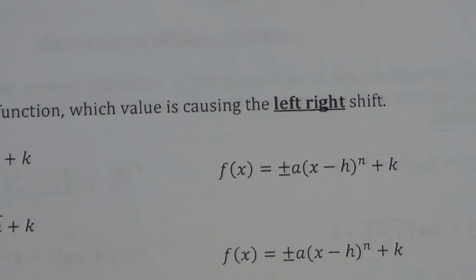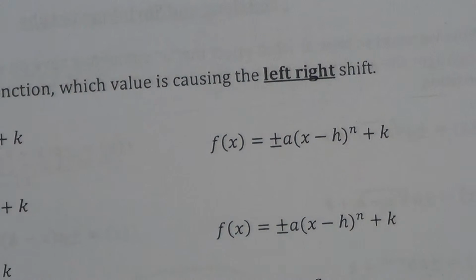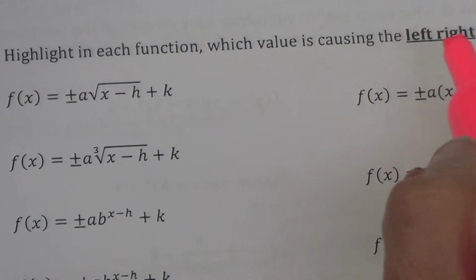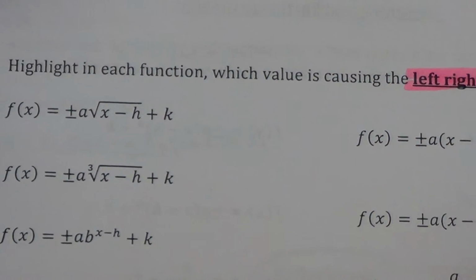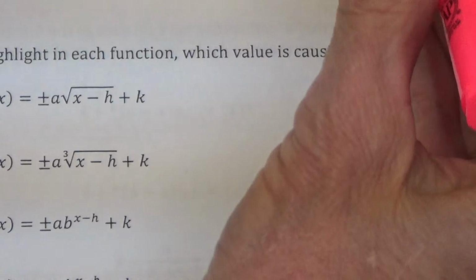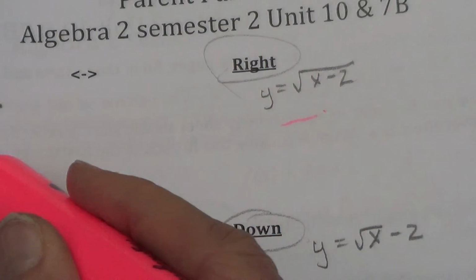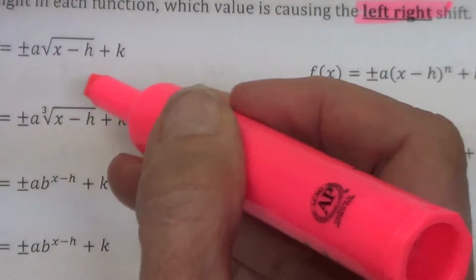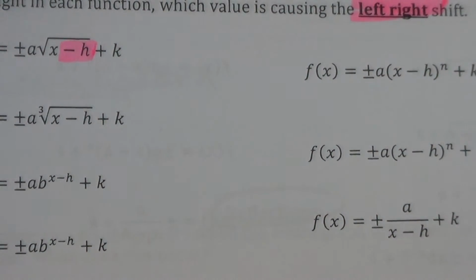So if you come down into the next section on square roots, it says highlight which value is causing the left-right shift in these graphs. Well, the left-right was underneath the radical with the x. So when we go to the square root, we simply highlight that h.